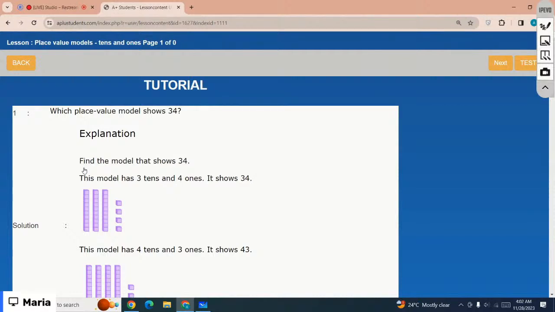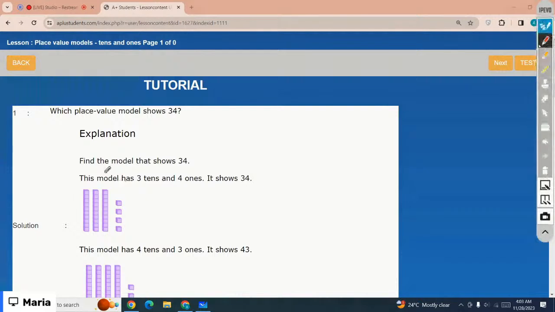The first model, you can see one, two, three lines. Each line has 10 blocks, and one line represents 10. You can even count the lines. This one represents 10, this is the same line that represents 10, and this is the same that represents 10. And these counters represent the ones digit, and the lines represent the tens digit.